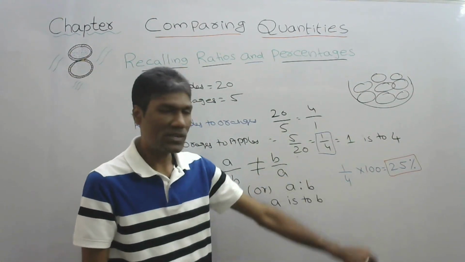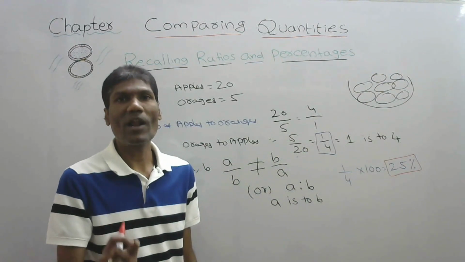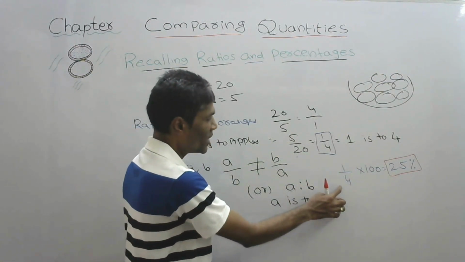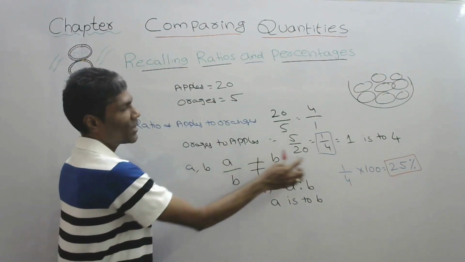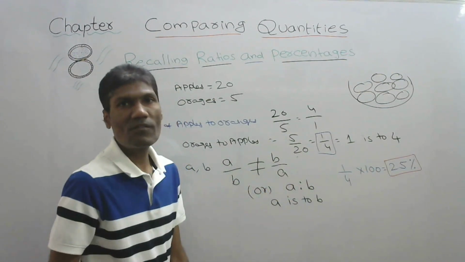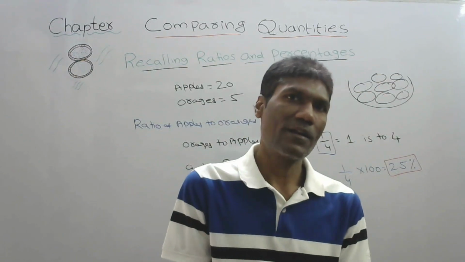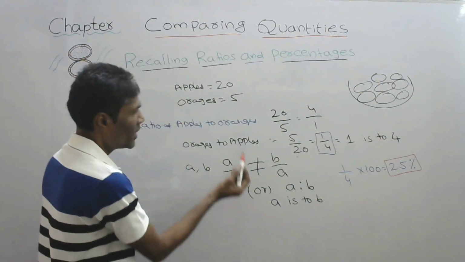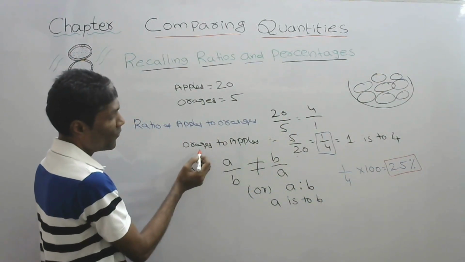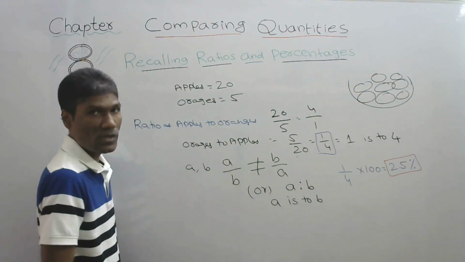So, to calculate percent, simply multiply this fraction or this ratio with 100, and we get the percentage. Simple. And one more thing: here the question is to find the percentage of oranges to apples.